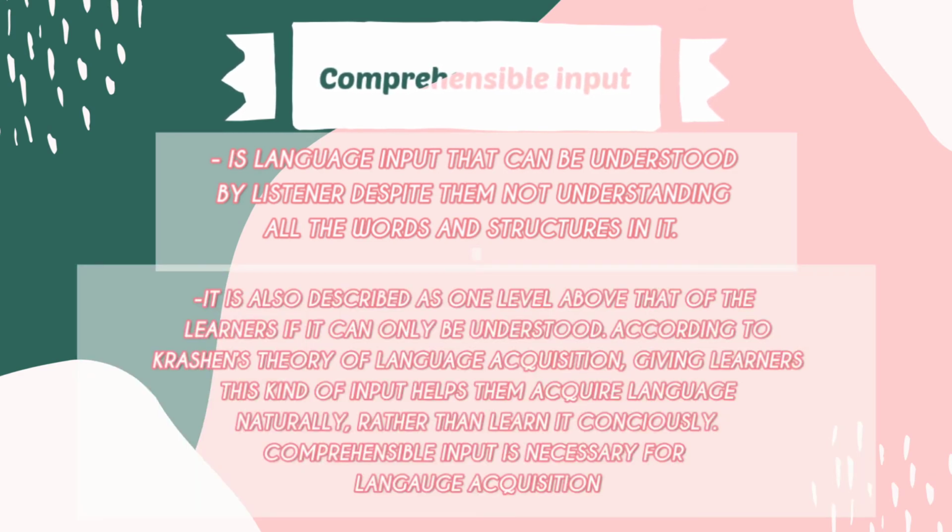It is also described as one level above that of the learners if it can only be understood. According to Krashen's theory of language acquisition, giving learners this kind of input helps them acquire language naturally rather than learn it consciously. It also is necessary for language acquisition.